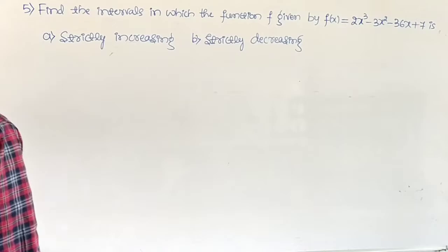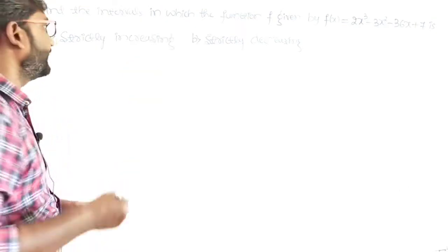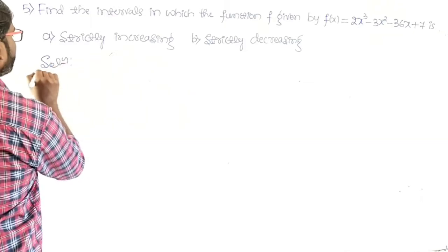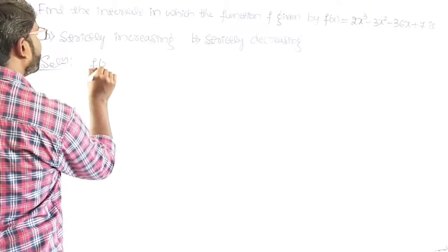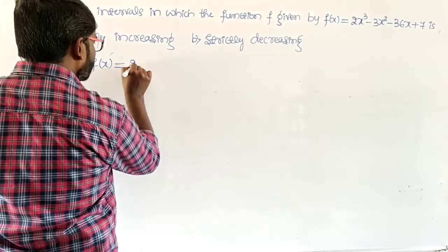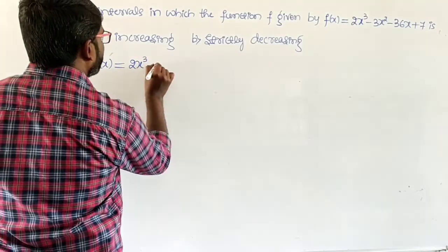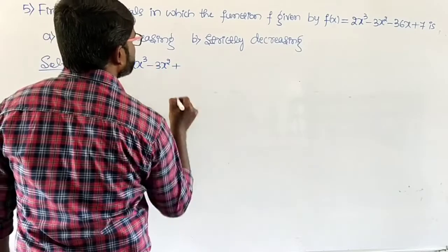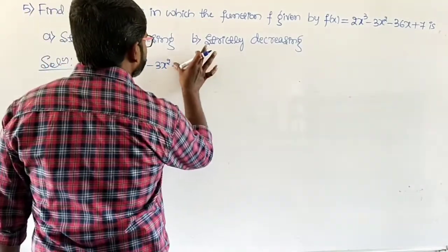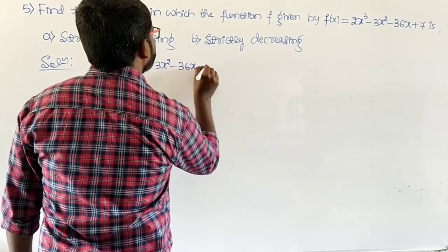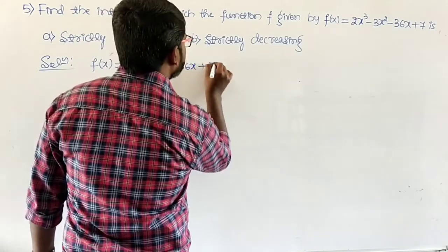So let us take up the given function and go for the derivative. f of x equals 2x cube minus 3x square minus 36x plus 7.